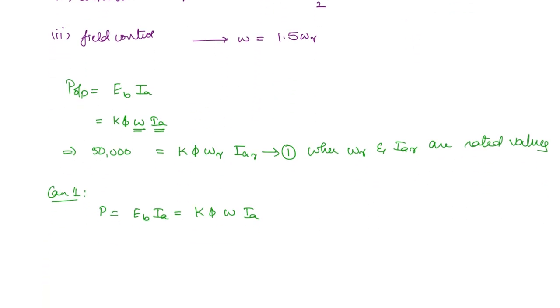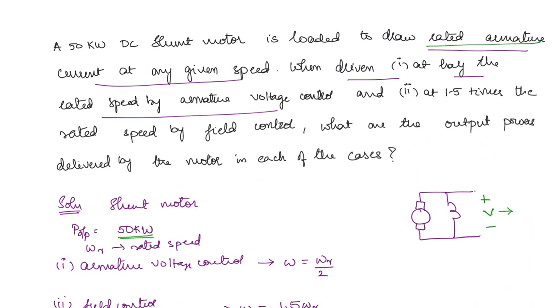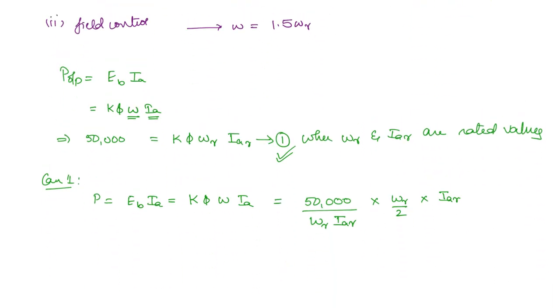So in this expression, instead of K phi, you can write using equation 1, 50,000 divided by the rated speed into rated armature current, into omega, which is given as half the rated speed, omega r by 2, into the armature current, which is rated armature current only, at any given speed. It is given in the question. It is drawing rated armature current at any given speed. Okay. So this is going to come out to be 25 kilowatt. Omega r and IAR will be cancelled.